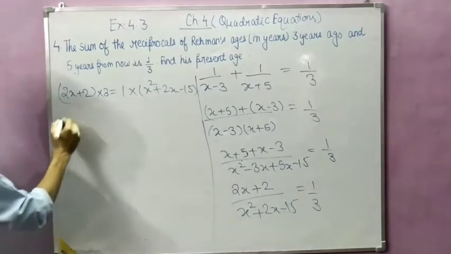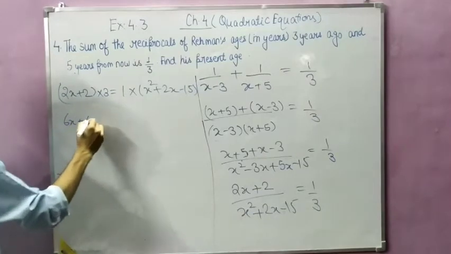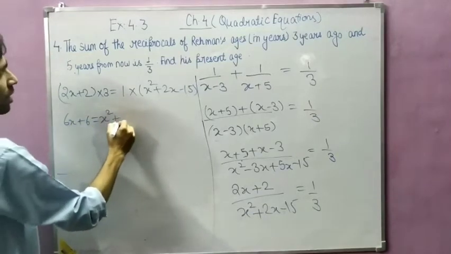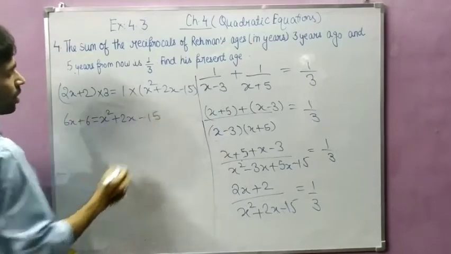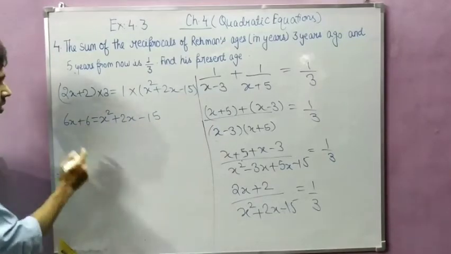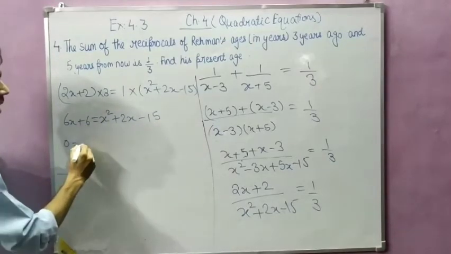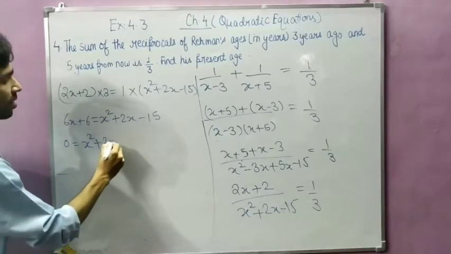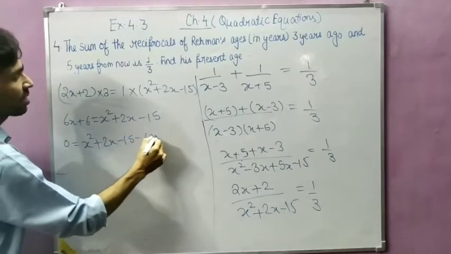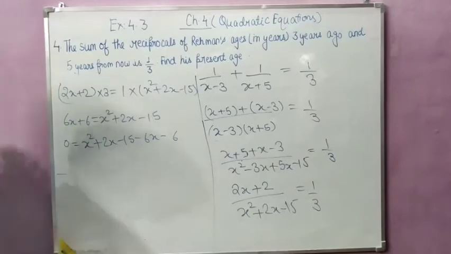Now it will be 6x plus 6 is equal to x square plus 2x minus 15. Now transfer these two to this side, so 0 will be here, and x square plus 2x minus 15 minus 6x minus 6.